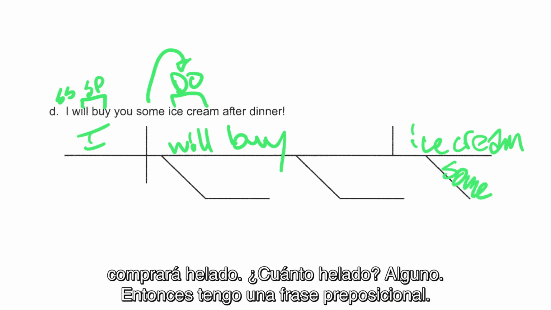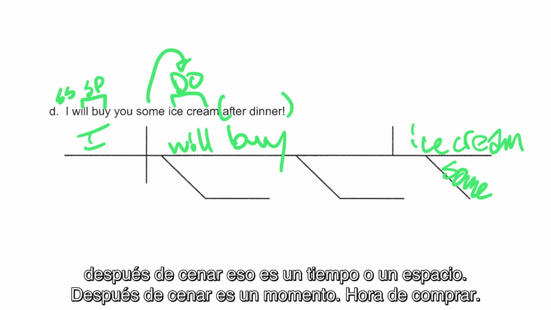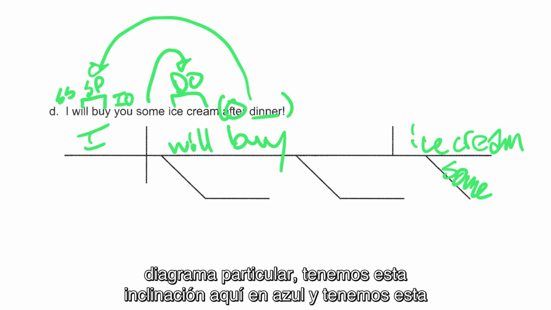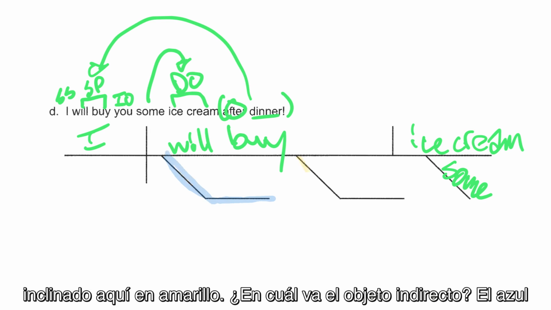Then I have a prepositional phrase, after dinner, that's either a time or a space. After dinner is a time. Time to buy. Who will receive the ice cream? You. Now when we're looking at this diagram, we have this slant in blue, and this slant in yellow.